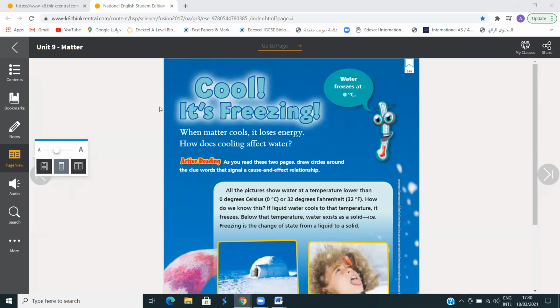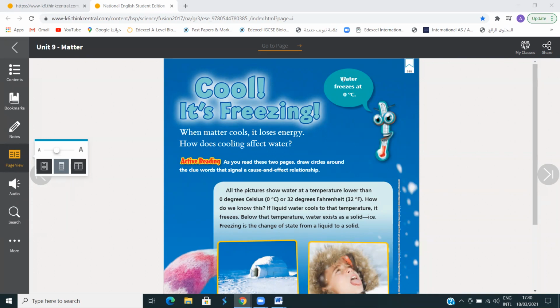What is freezing? I want Abdullah Omar. What's freezing, Abdullah Omar? Freezing: the change of state from liquid to solid, by cooling. Yes.